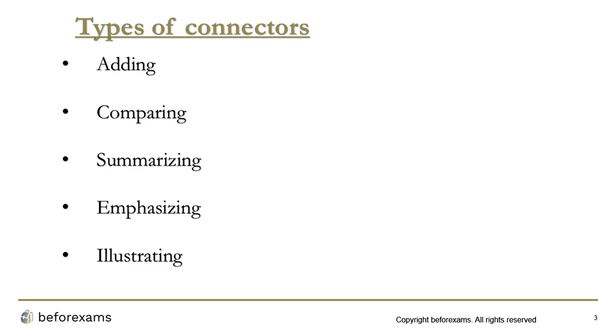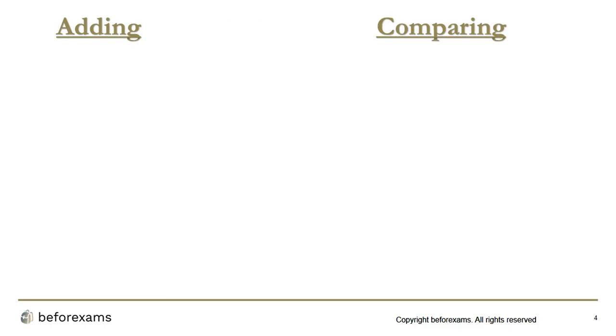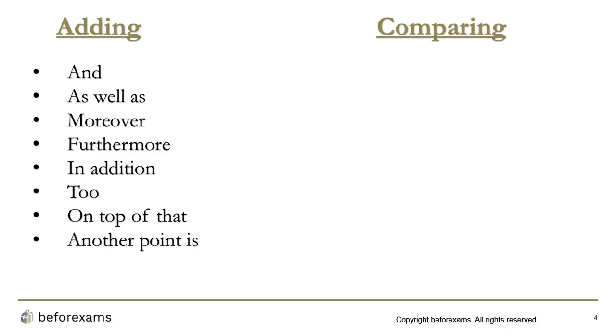Now as I told you in the beginning of this video, I'll be giving you a homework. You have to make at least two sentences using these adding connectors. Not only the adding connectors, I'm giving you a list of all the other connectors.